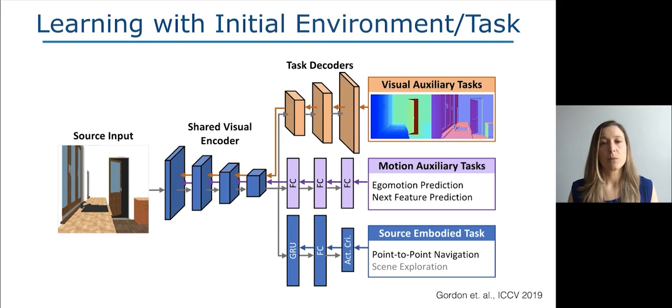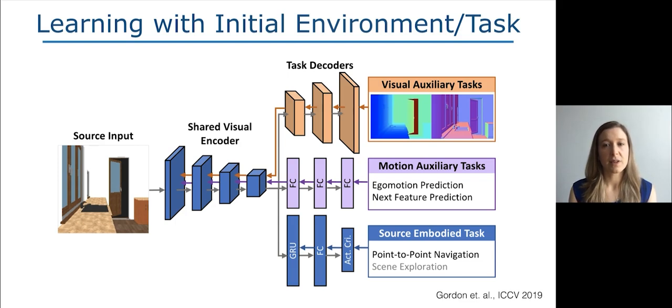So to begin with, we proposed the SplitNet architecture. And this architecture learns from an input image to extract salient visual information that can then be decoded using a number of different task decoders.